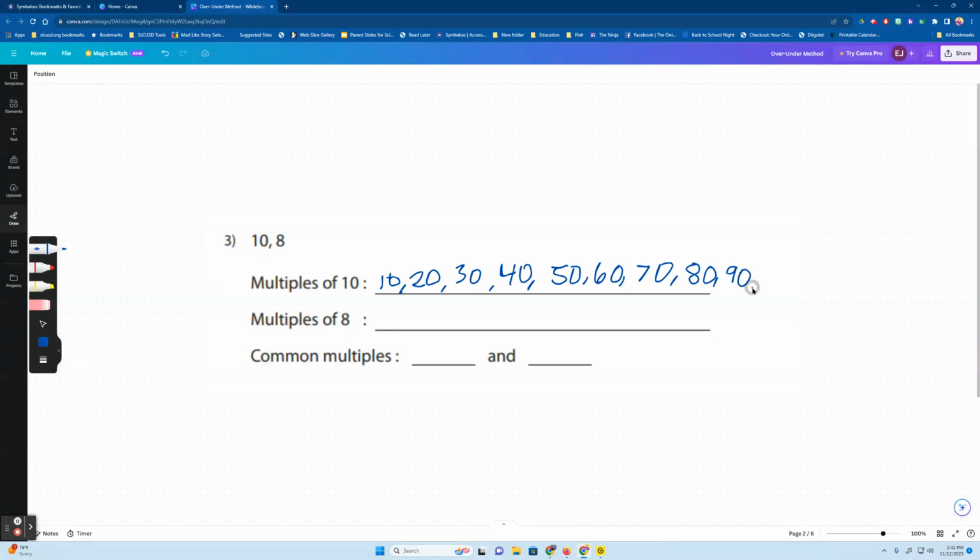Now the thing about the 8 is I know I'm not going to have a common multiple of anything that doesn't end in a 0. So rather than listing them like this, if I were working with fractions, I would just go straight to it. I know none of these would work.